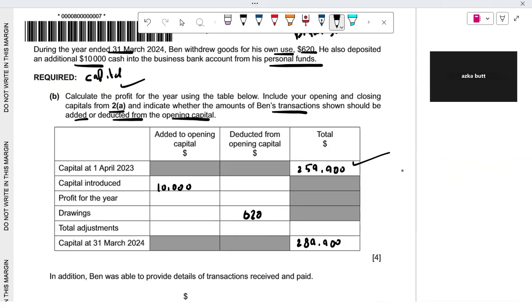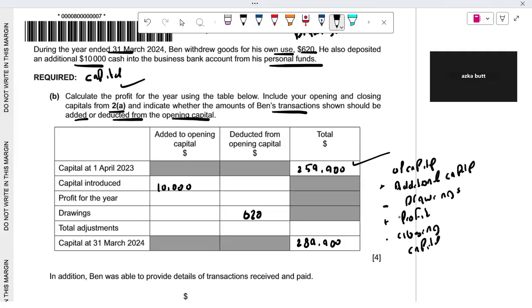So the formula is opening capital plus additional capital, minus drawings, plus profit, minus closing capital.